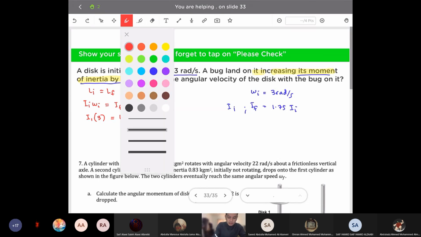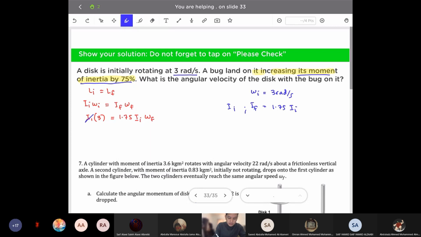In this case, we will be able to cancel I initial, leaving us with 3 is equal to 1.75 omega final.